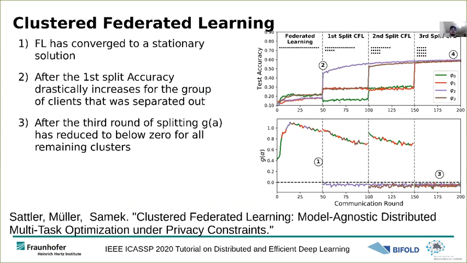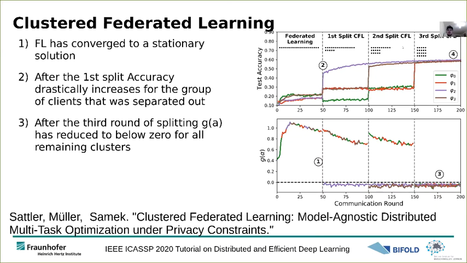And of course, we ran some experiments here with a model on the CIFAR data set, where we looked at 4 separate groups of clients. Every group of clients contained 5 clients, and they all were holding separate distributions of data.